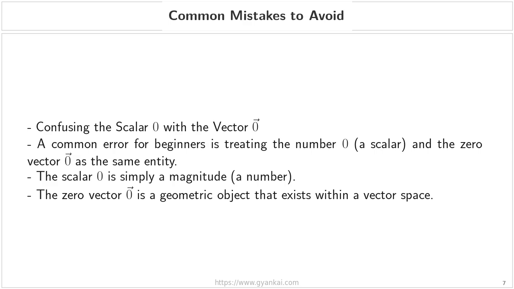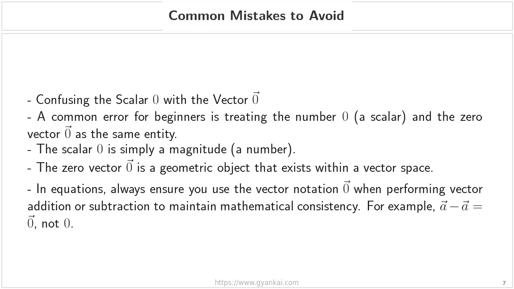You must remember that the scalar 0 is simply a magnitude, it is just a single number. On the other hand, as we discussed in our earlier slides, the zero vector is a geometric object that exists within a vector space, possessing its own unique properties like the ones we just covered. When you are working through algebraic equations, you must be very disciplined.